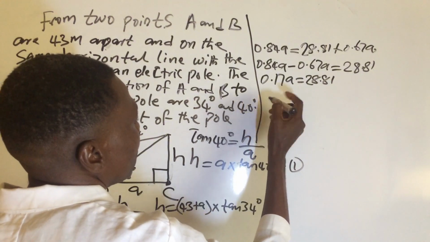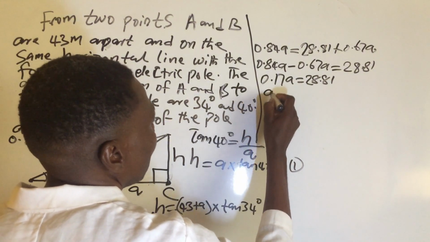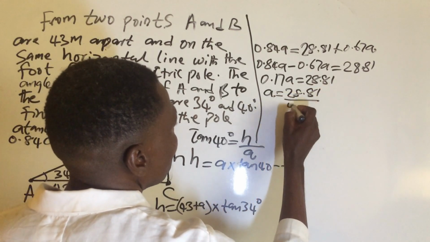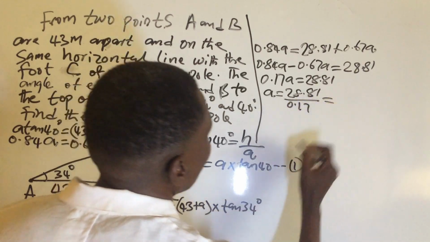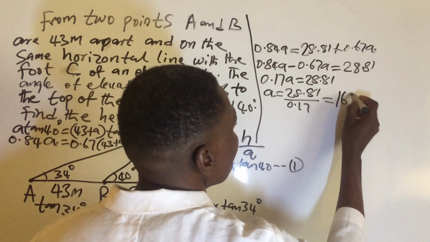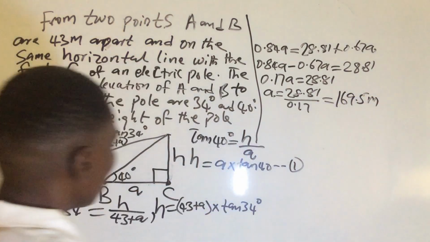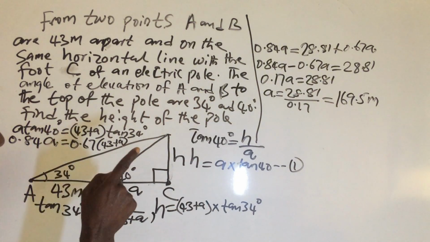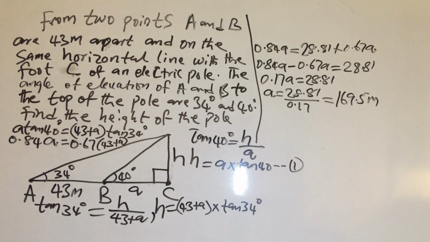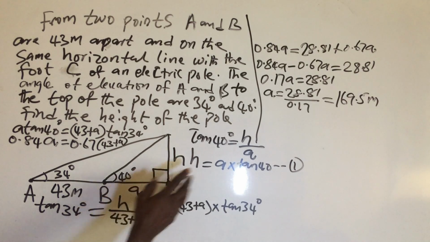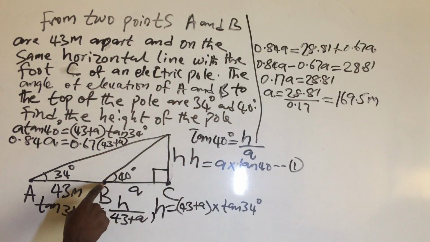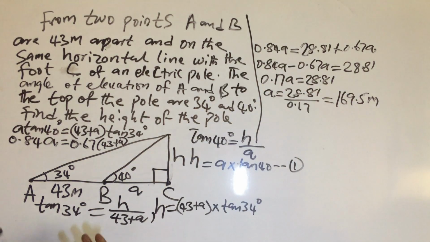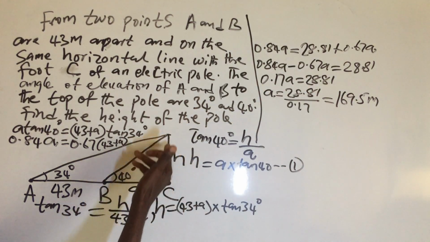Now, making a the subject of formula, we have a equals 28.81 all over 0.17. What is the answer? 169.5 meters. So from here to here is 169.5 meters. Now we have gotten a. All these things we are doing is to enable us find the distance from B to C, to enable us calculate the height we are looking for.